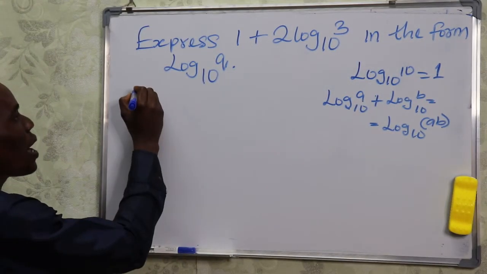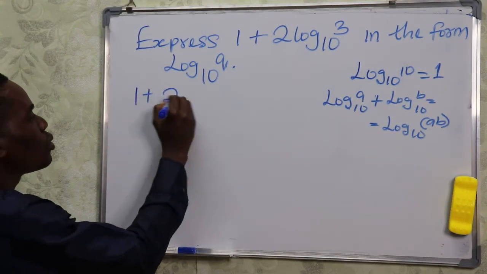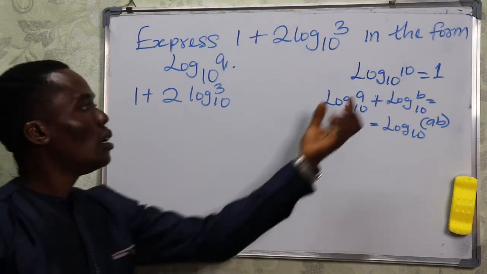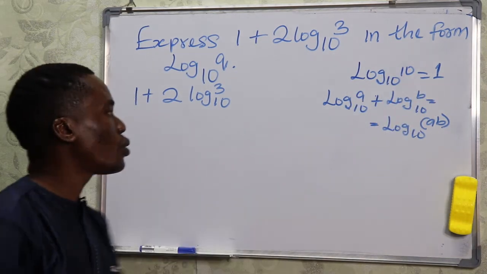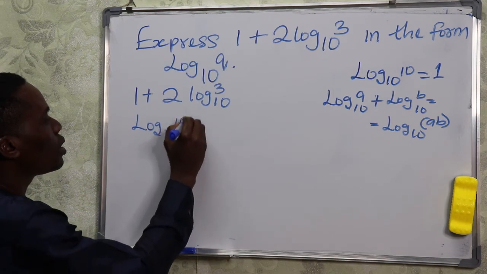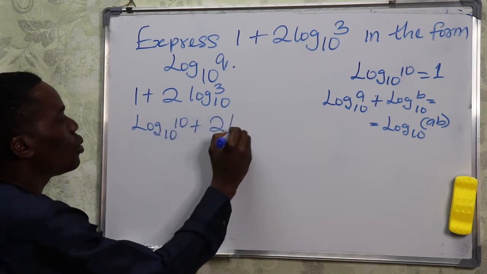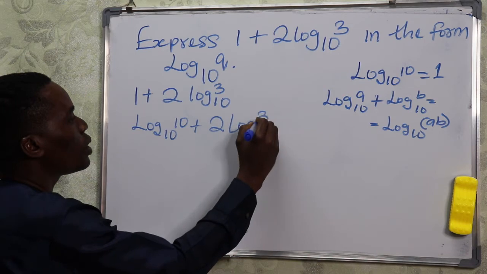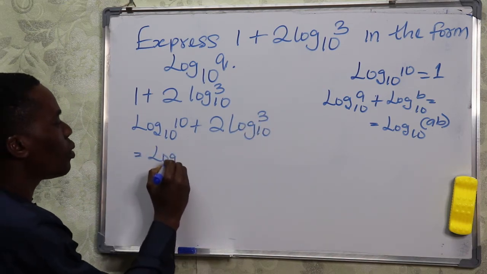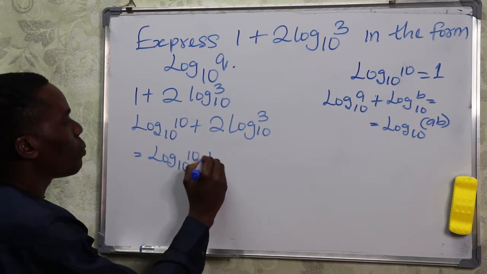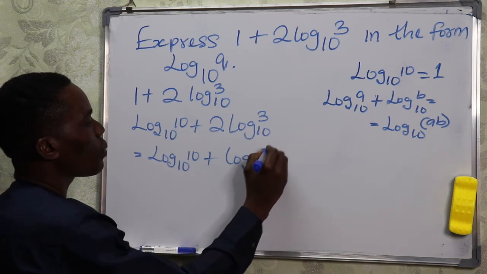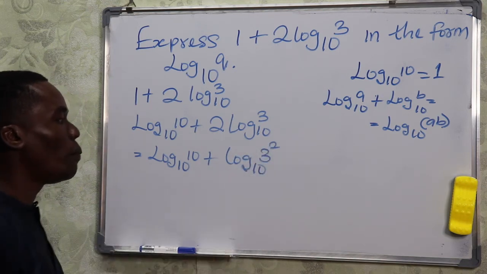Now in this question we are given 1 plus 2 log 3 base 10. Remember, log of 10 base 10 is equal to 1. So that will give us log of 10 base 10 plus 2 log 3 base 10. Now this will give us equal to log of 10 base 10 plus log of 3 raised to power 2 base 10.